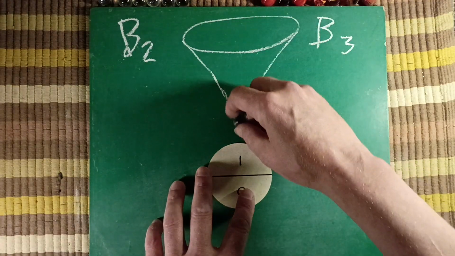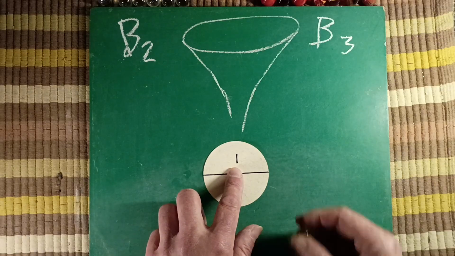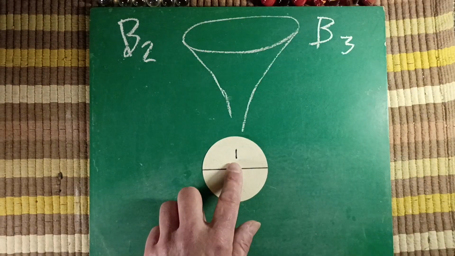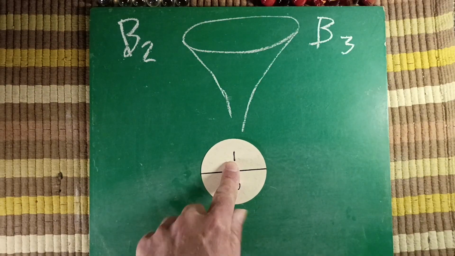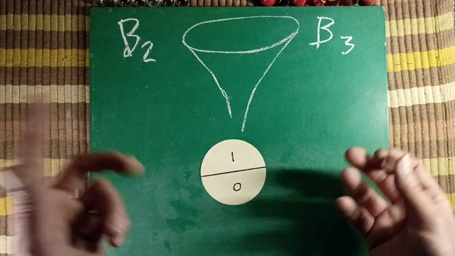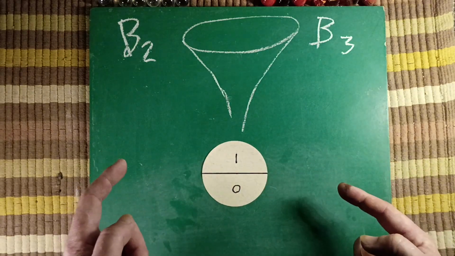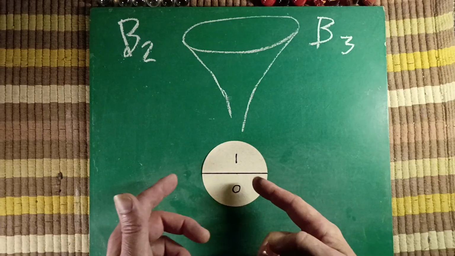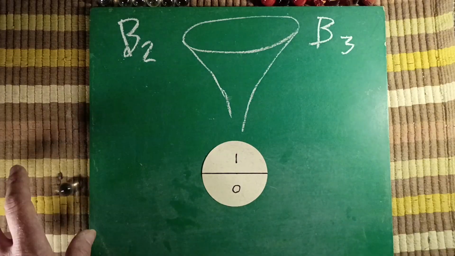So if it goes down the funnel and it's got a 1 on it, and this is at 1 right now, then it matches, and this doesn't have to do anything mechanically. It matches up and it files it properly.